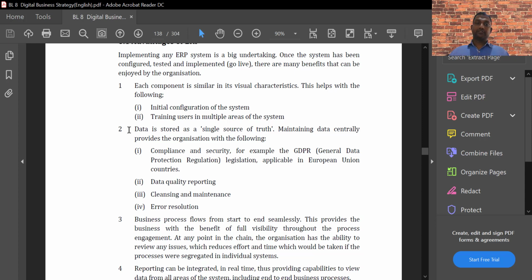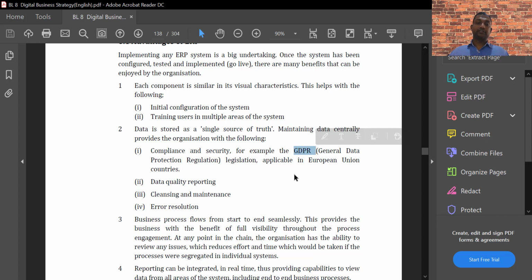Another advantage is the data is stored as a single source of truth, which is maintaining data centrally. So in a central place, a single copy of the data is maintained. Because of that, it helps with different types of compliance, especially complying with foreign countries.